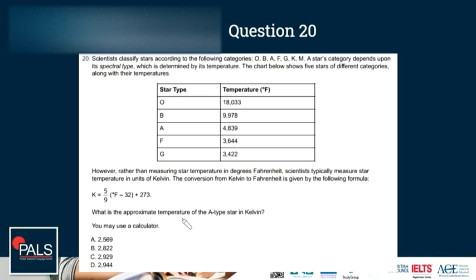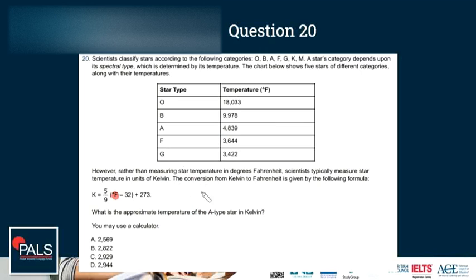What is the approximate temperature of the A-type star in Kelvin? You may use a calculator. So what do we do? We simply use this formula. We put in the temperature for our placeholder here. We put that into the calculator and we should get the correct answer.